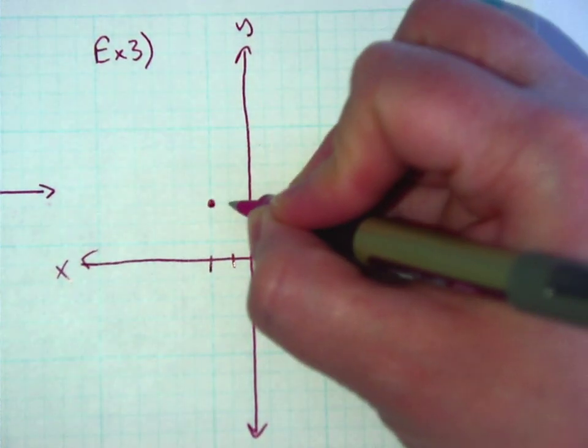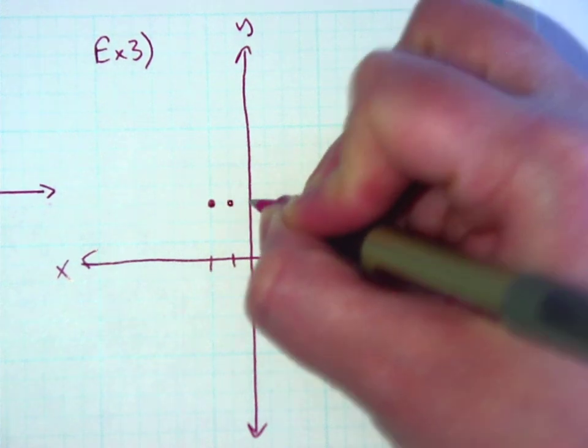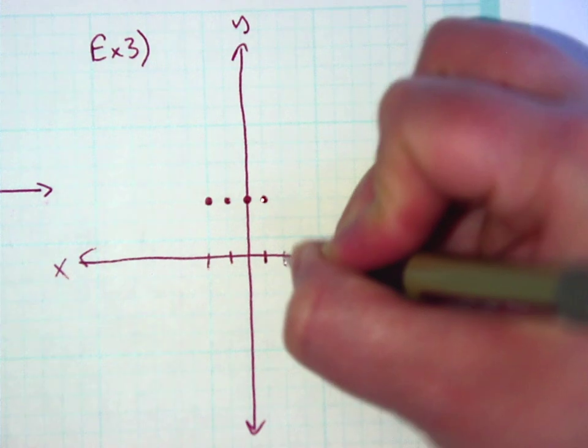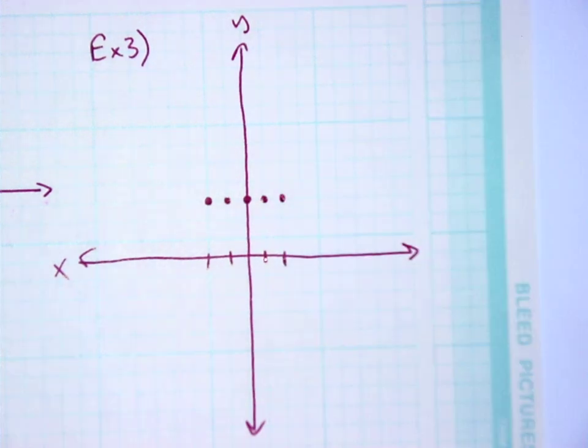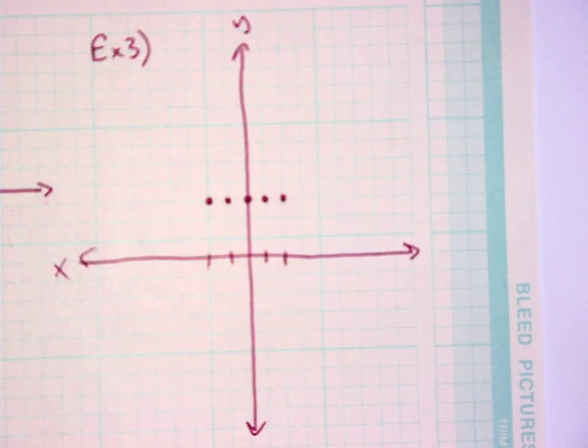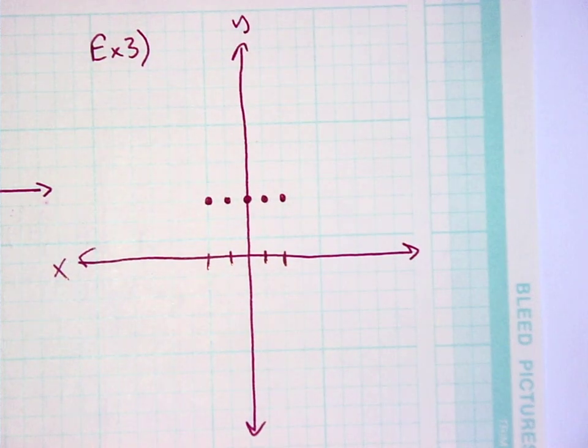And when x was negative 1, y was 3. When x is 0, y is 3. When x is 1 and x is 2, y is 3. Should I connect them? No. Why?